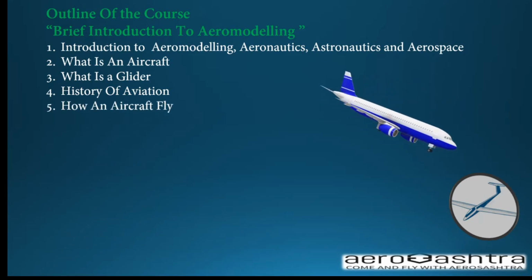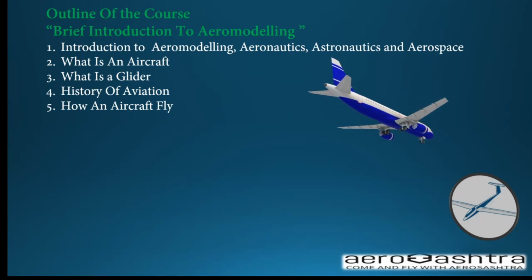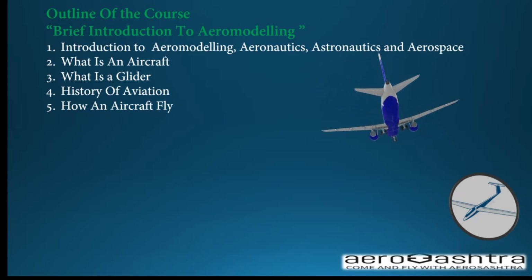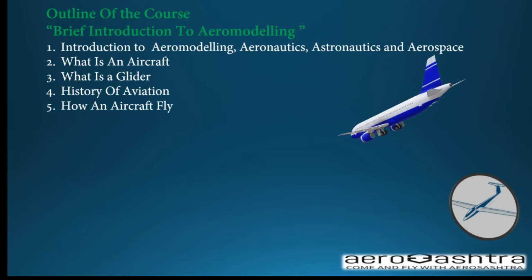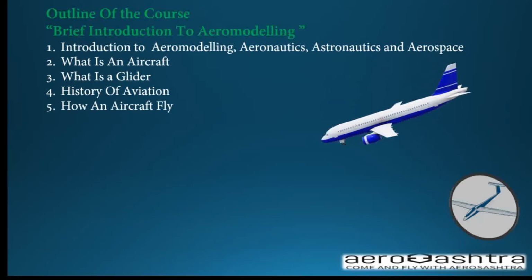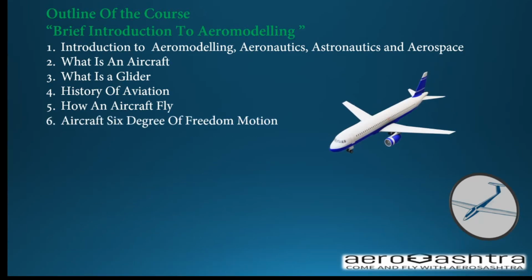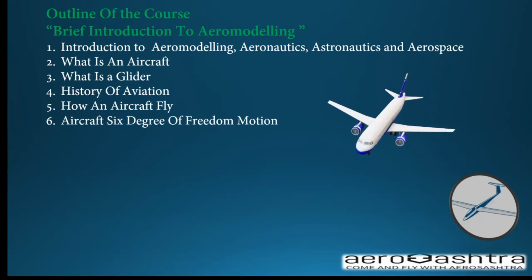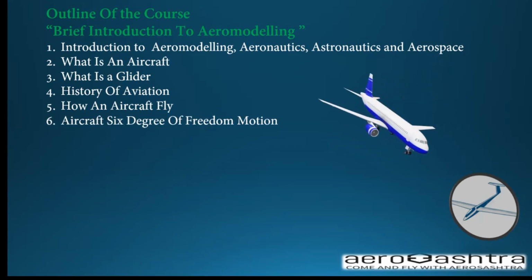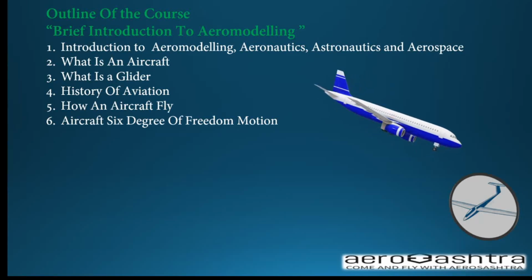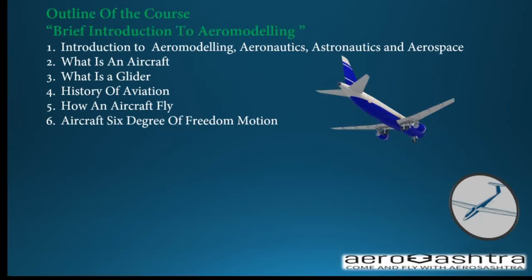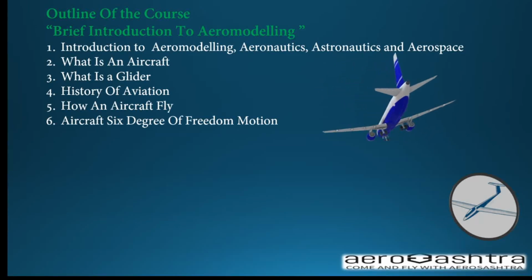Then we will try to get the answer to this famous question: how does an aircraft fly, what is the physics and the mathematics behind that. Then we will see, if an aircraft is airborne, what different motions it can perform.